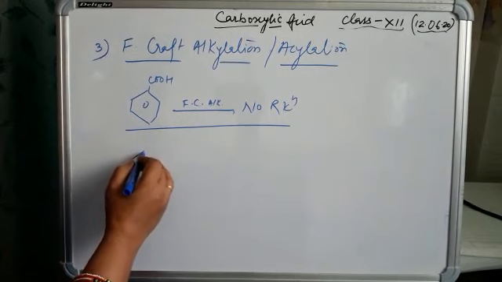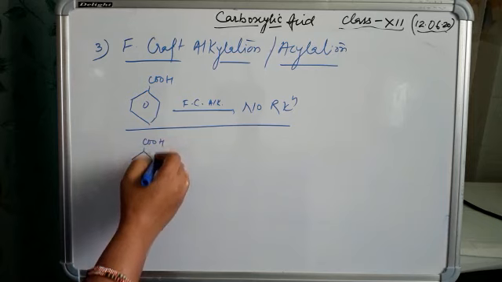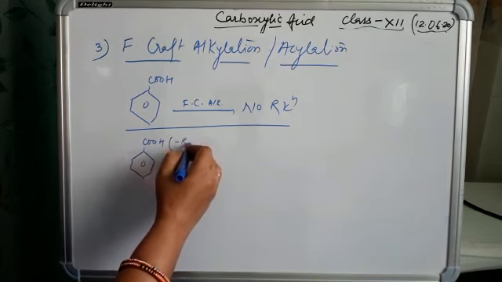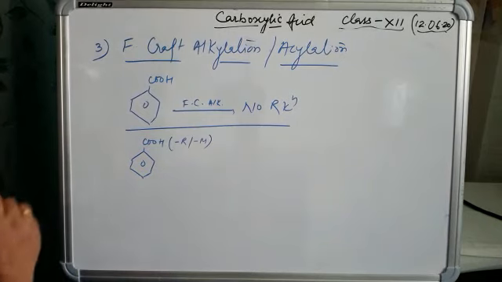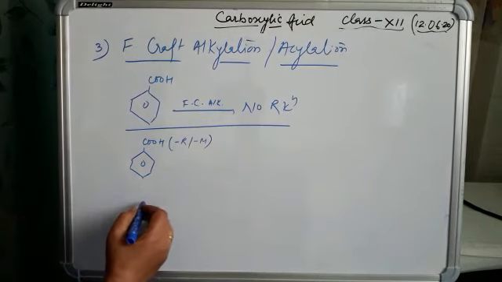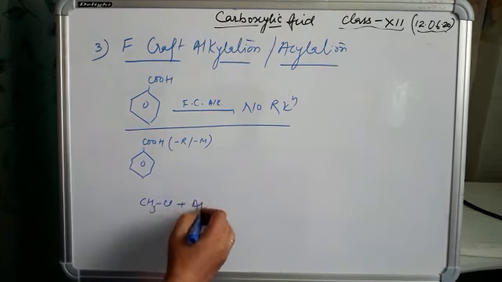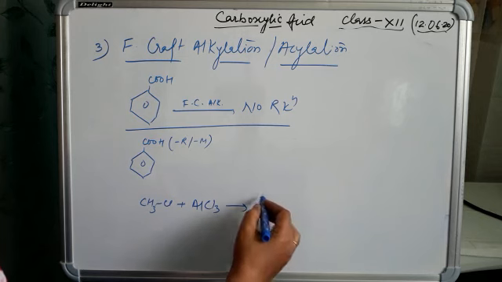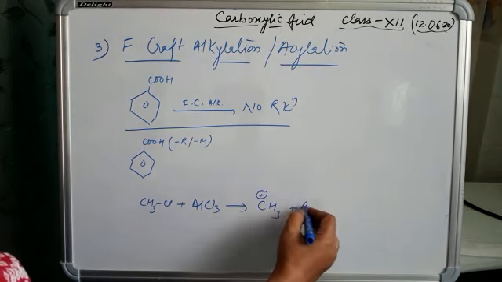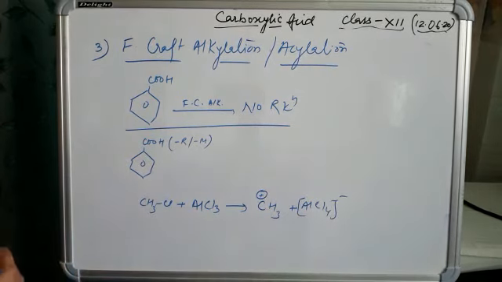Why? Because the COOH group present on the ring is -R or -M in nature. So it decreases the electron density on the ring, and in Friedel-Crafts reaction we know that CH3Cl treated with Lewis acid forms the electrophile.